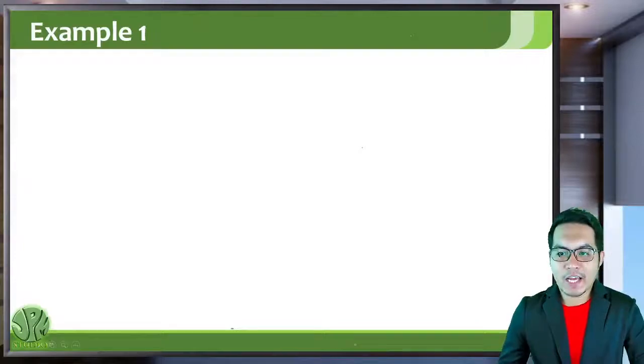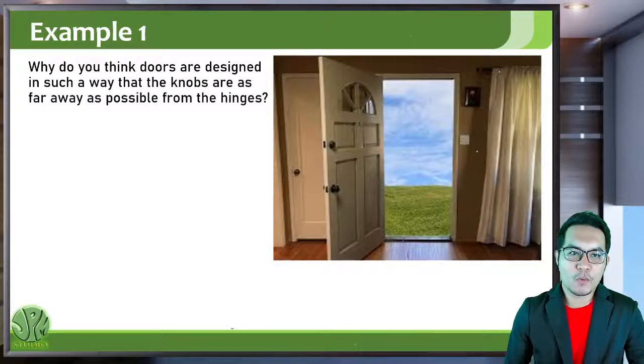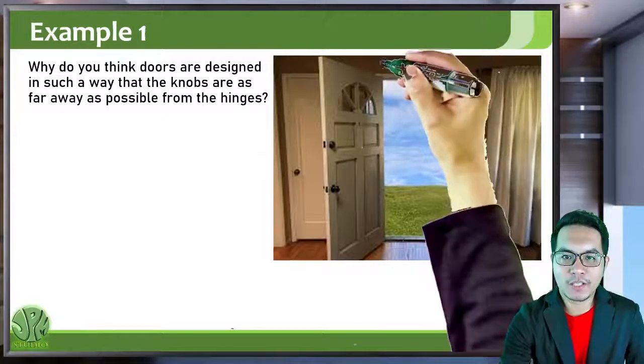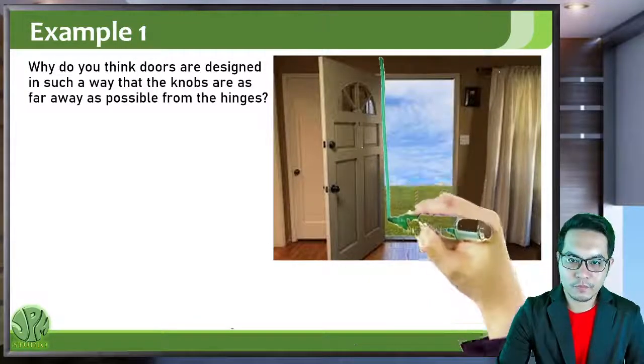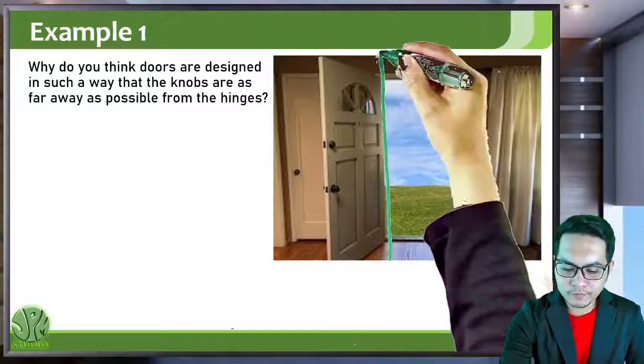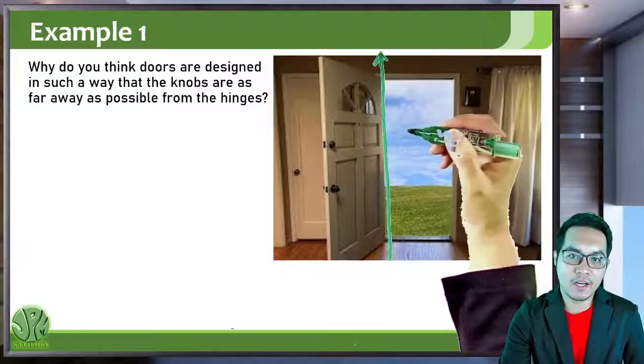So let's now have an example. Okay, basic example. Why do you think doors are designed in such a way that the knobs are as far as possible from the hinges? If this is your door, the axis of rotation is this edge of the door, where the hinges are located.